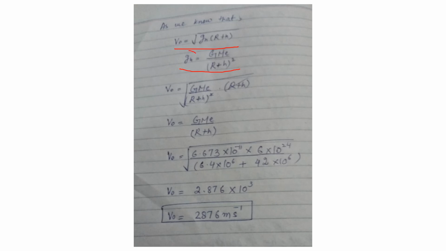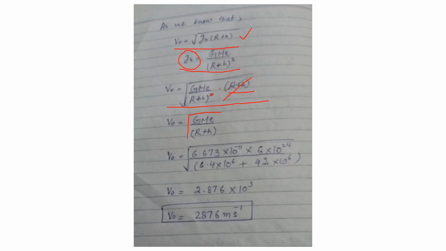If I put the value of g_h in this equation, I get v naught equals under root G Me by (R plus h) whole square into (R plus h). So this (R plus h) will be cancelled out with the other (R plus h), and we are left with v naught equals under root G Me by (R plus h).